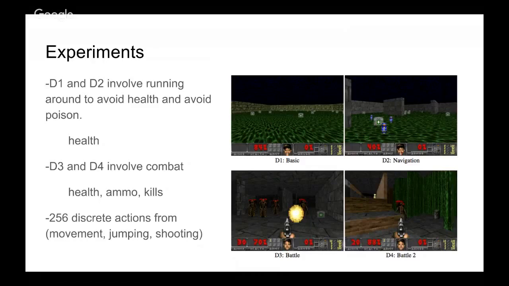The actions on each time step are discrete, and there are 256 actions which result from various combinations of movement in different directions, jumping, and shooting. Does that make sense? Yeah.